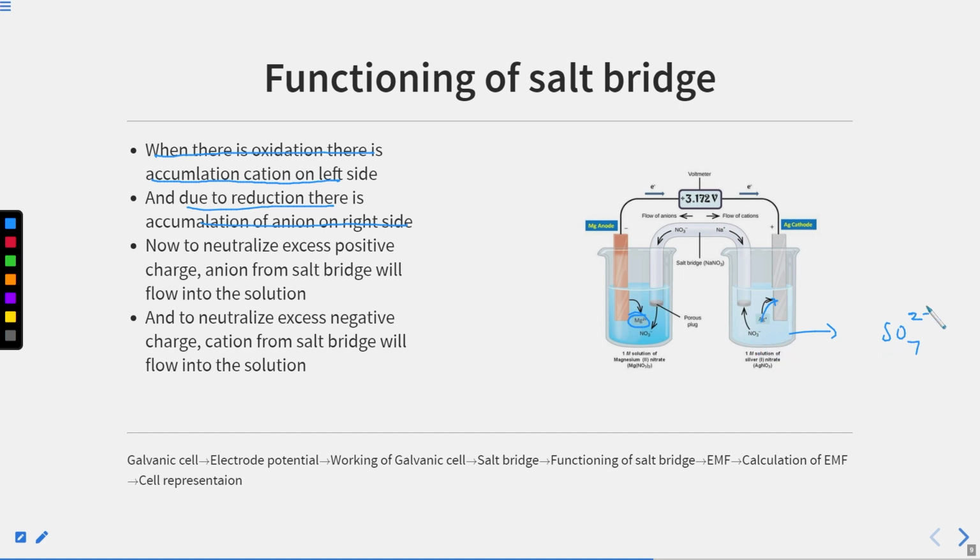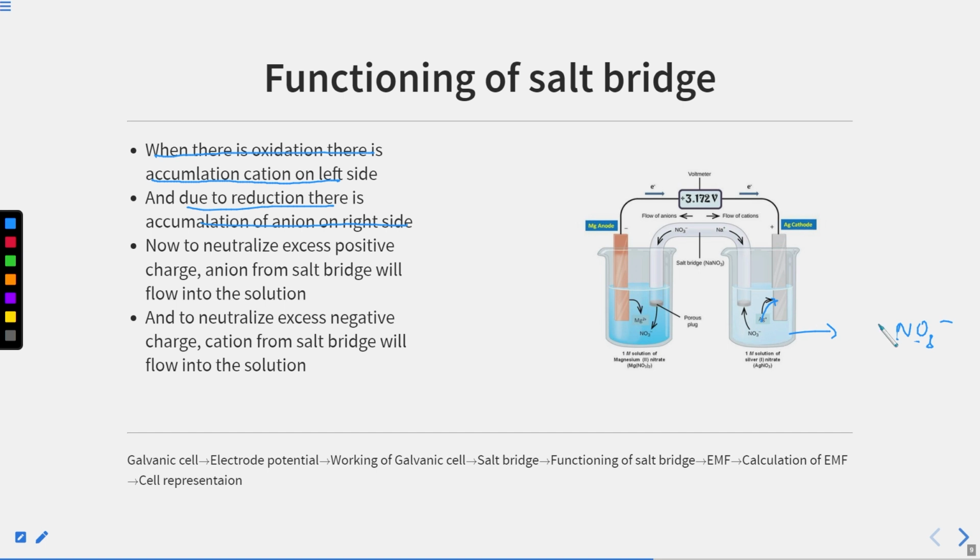Suppose we are taking a NO3- salt, basically AgNO3. Since Ag+ has gone onto the electrode, we are left with NO3-. So what do we see? We see that Mg2+ has accumulated on the left hand side, the oxidation compartment, and on the right hand side we have NO3- accumulation due to the reduction of silver.